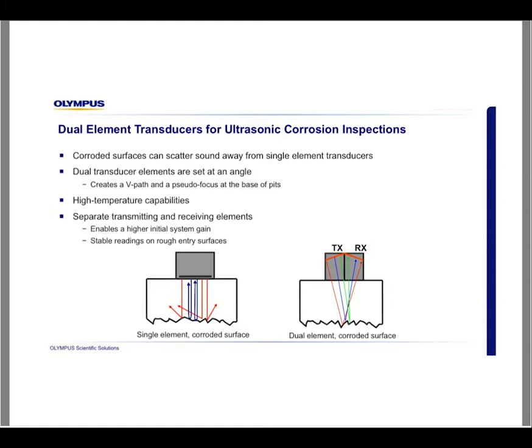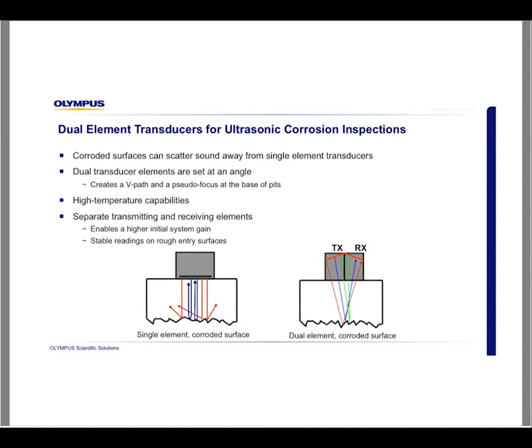The corrosion is sort of an irregular process that can create pitting and other defects that can easily scatter sound away from the transducer. In order to get a good signal with the transducer, you're really depending on a parallel back wall to send the sound back to the transducer. So oftentimes corroded surfaces do not provide this parallel back wall.